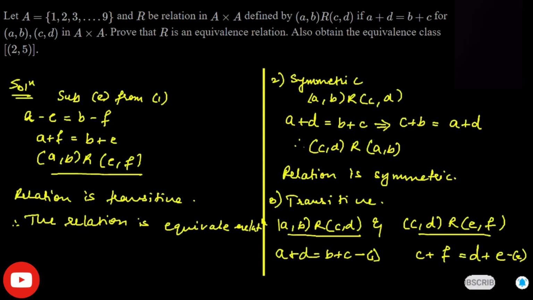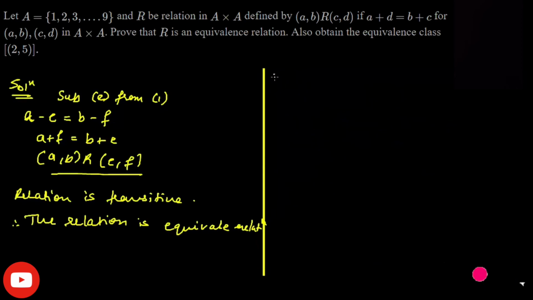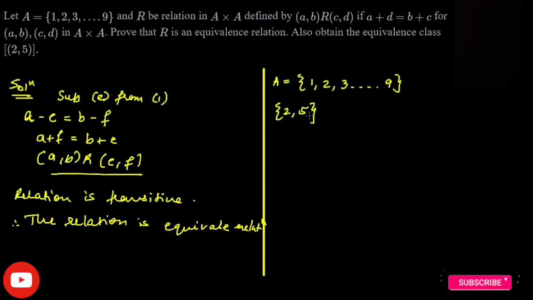Now we are given that the set A consists of numbers from 1 to 9 and we have to find the equivalence class of (2, 5). So first we'll write what A is, that is 1, 2, 3 and so on till 9. And we have to find the equivalence class of (2, 5).